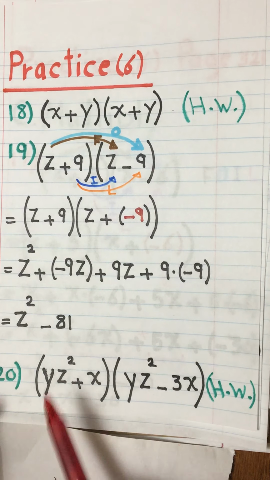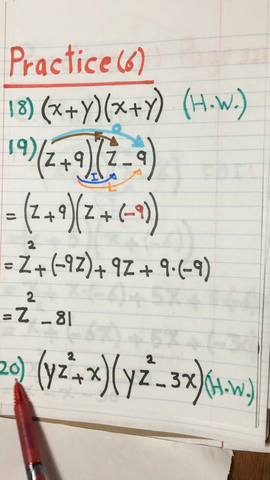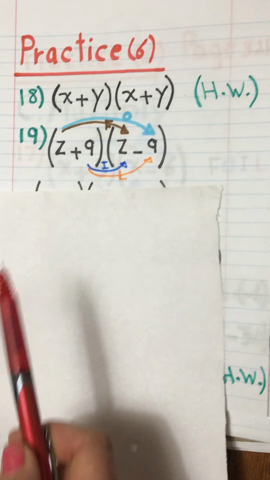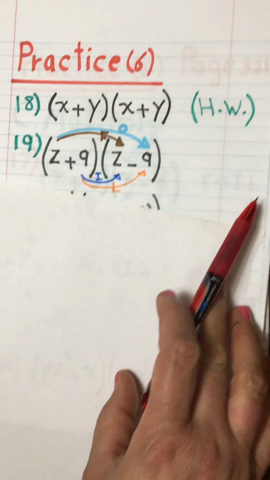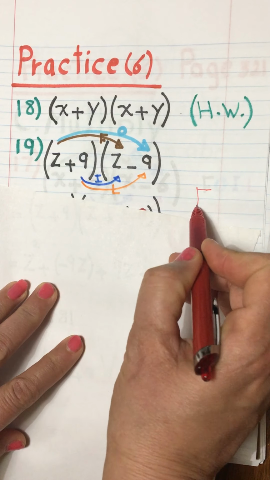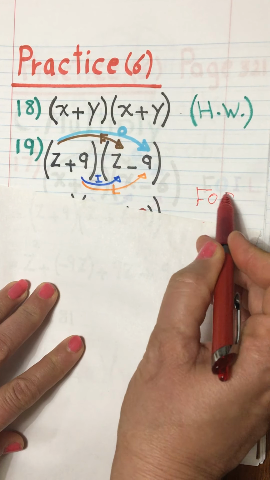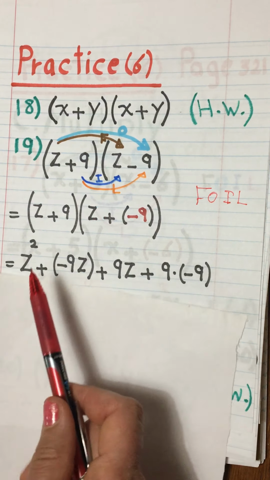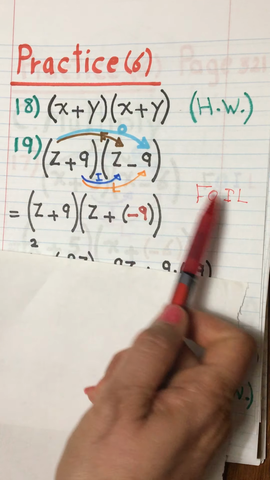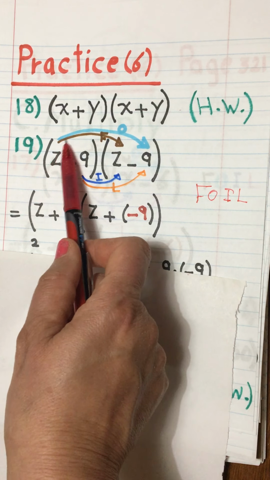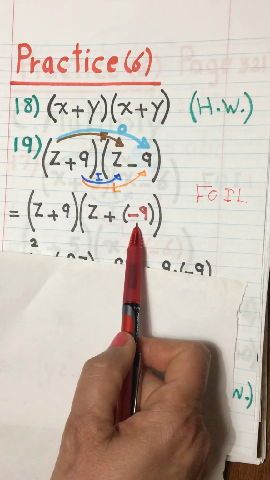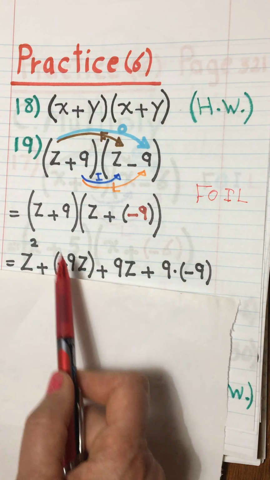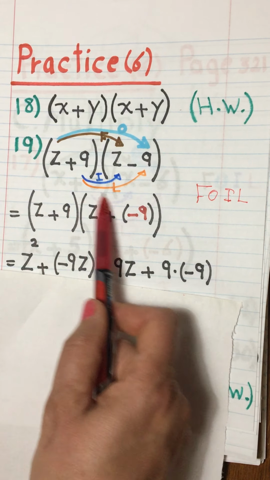18 is your homework. 20 is your homework. 19. So don't forget, guys, FOIL, F-O-I-L. So first times first, z squared. Outside terms, z times negative 9. Change the negative to a positive, so negative 9z.